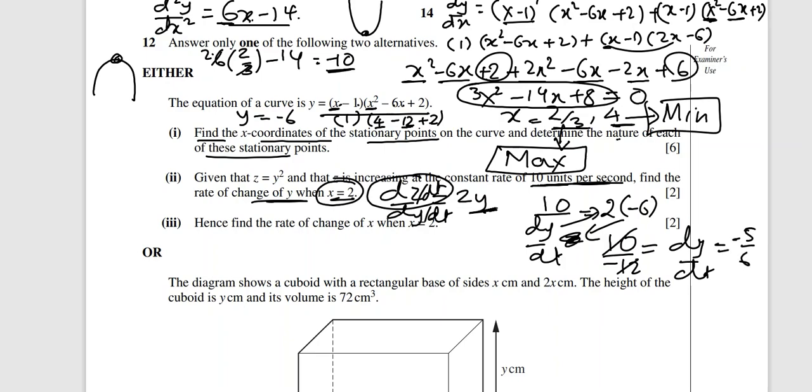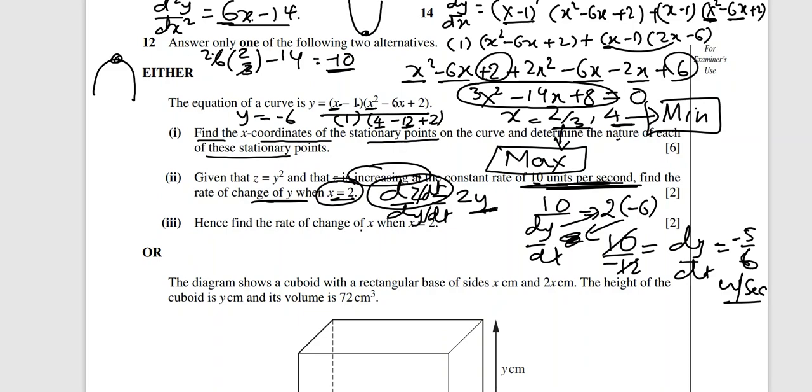Since z is increasing at 10 units per second, y is decreasing, because it's negative, at 5 over 6 units per second. It became too clumsy here, but it's okay. I hope I have explained it very slowly so you might have understood.